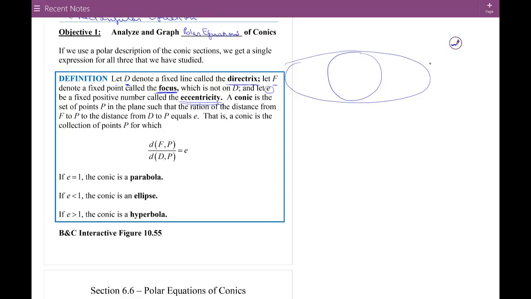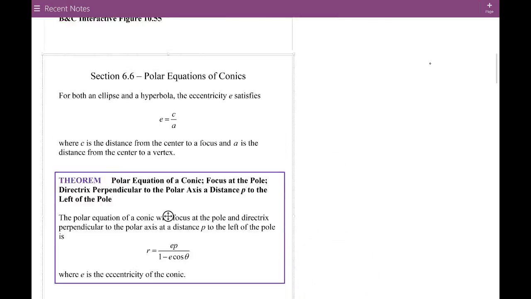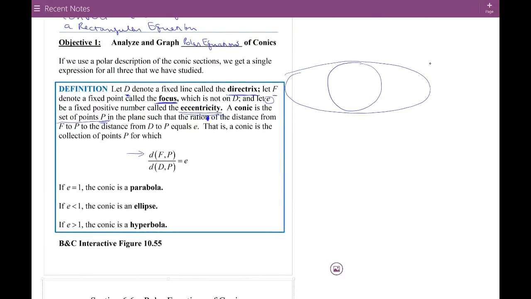So let's look at how the eccentricity is defined. It's a set of points P such that the ratio of the distance from the focus to P, the point on the shape, divided by the distance from the directrix to the point P on the shape, equals a number, small e, that's called the eccentricity.